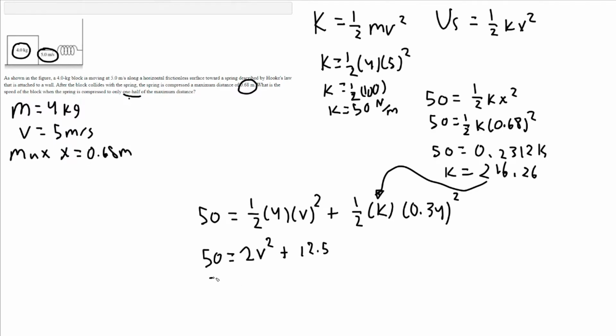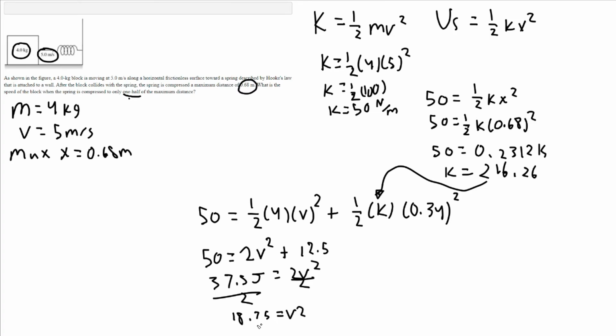50 minus 12.5 is equal to 37.5 joules, and that's equal to 2v squared. So we should just divide by 2 now on both sides. 37.5 divided by 2 is equal to 18.75, which equals v squared.